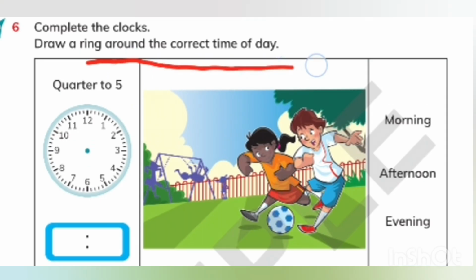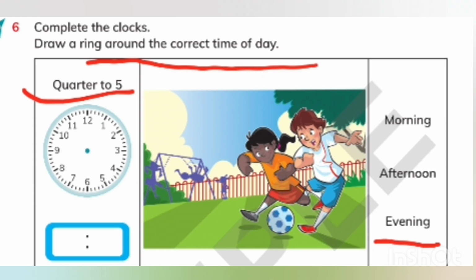Draw a ring around the correct time of the day. I can do that. Three options are given: morning, afternoon, and evening. And here it is written 4:45. Afternoon? Not evening? No. It is 4:45.